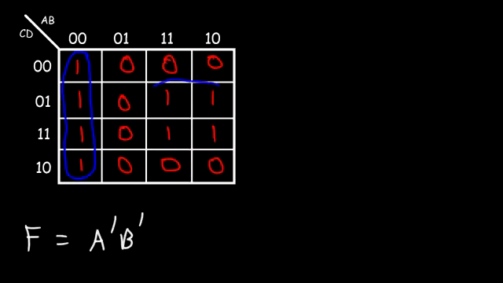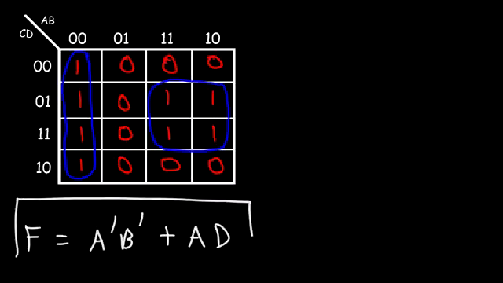Now the next selection, we can basically take a square of 1s. So which variables are constant? Notice that A is always 1, so we're going to write A. B changes between 1 and 0, so it's independent of B. On this side, notice that D is always 1, so it's going to depend on D. C changes, so it's independent of C. So this particular function is represented by this equation.